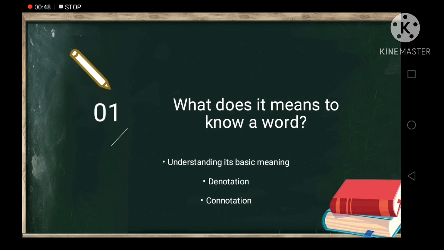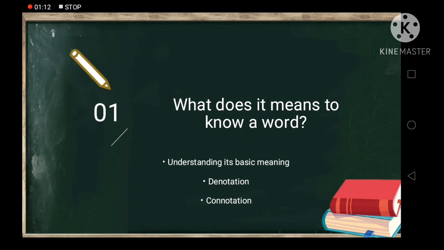So, when we are talking about denotation, it is the literal meaning of the word as what we can find in dictionaries, and the connotation is the additional ideas that the word itself invokes, such as when we hear the word blue.